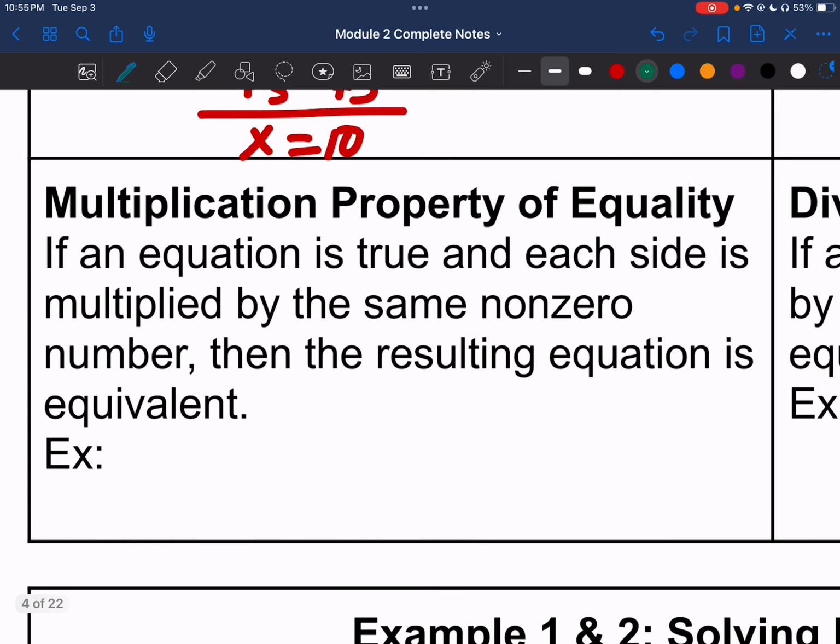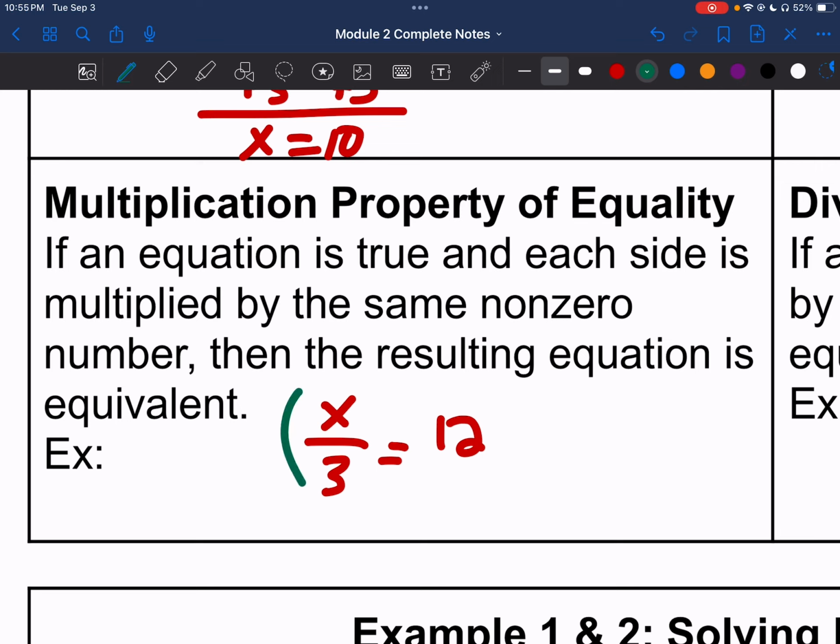The multiplication property of equality. Right now, you're probably figuring this out. You know we're going to be multiplying. So if we start with x over 3 is equal to 12, for example, this is an equation that we know is true because we're given it. And if we multiply both sides by the same non-zero value, we can get an equivalent expression.